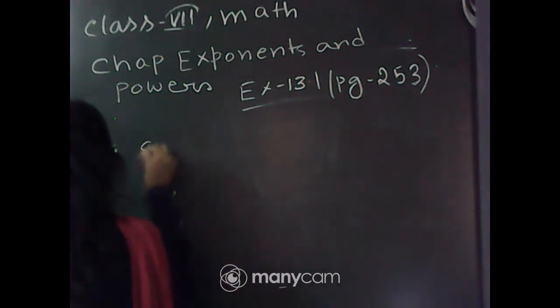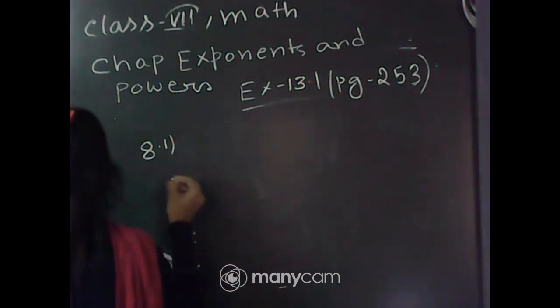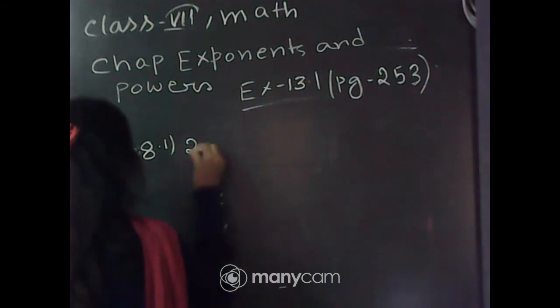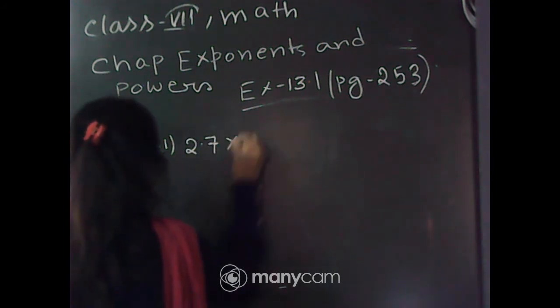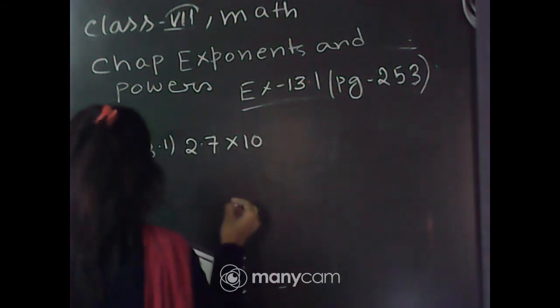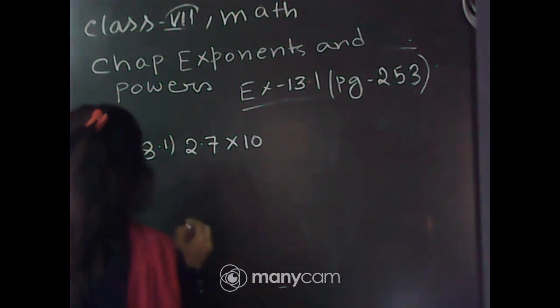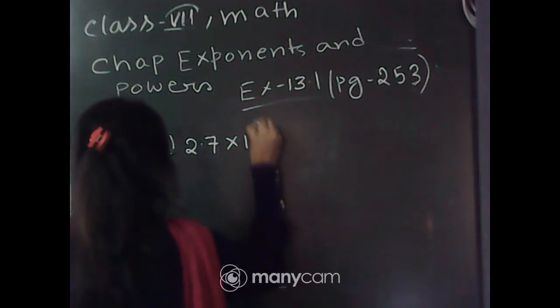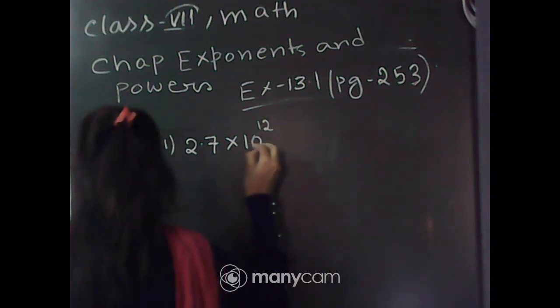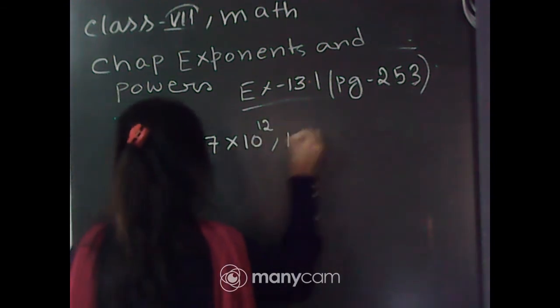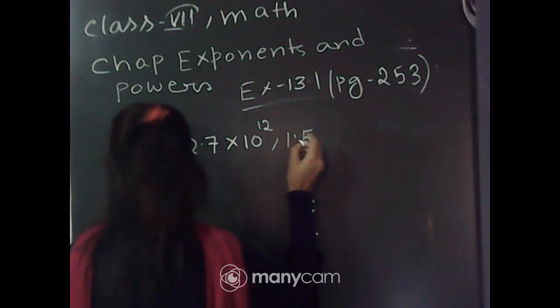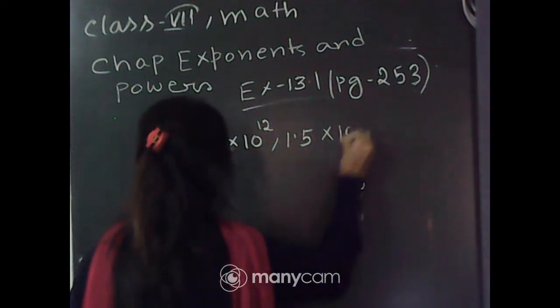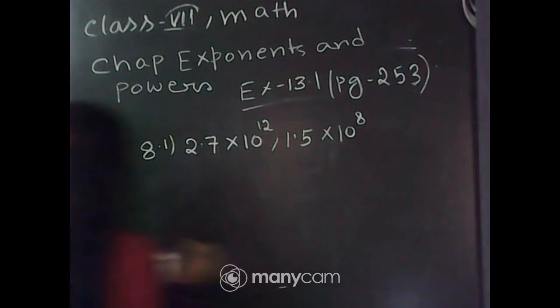Here the given numbers are 2.7 into 10 to the power 12 and 1.5 into 10 to the power 8.